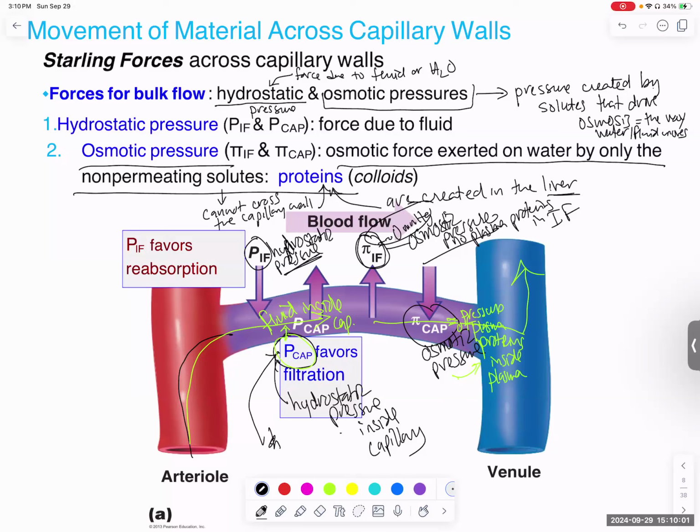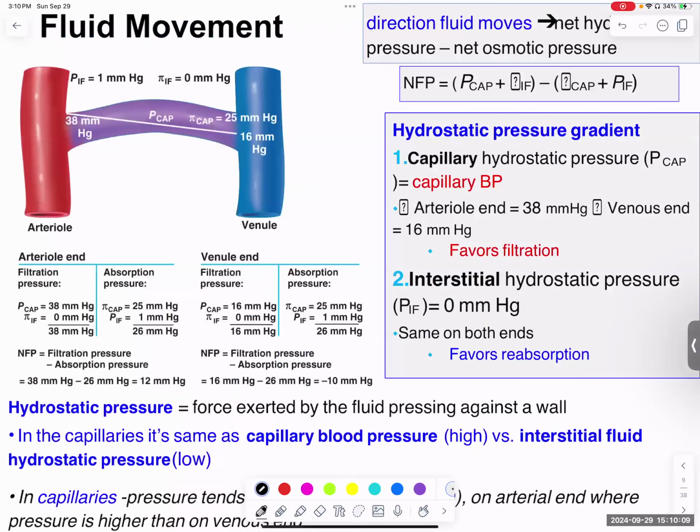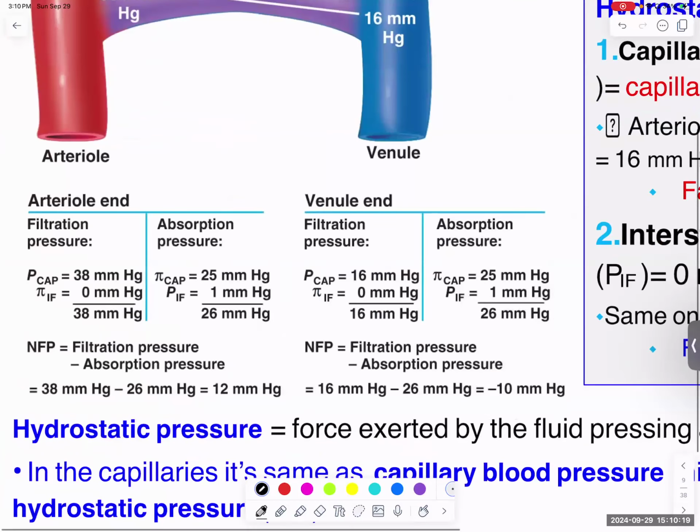But there is hydrostatic pressure in the interstitial environment because there's fluid out here. Why am I telling you all this? Because when you see this, you're going to get nervous, but don't be nervous because it's really the same thing. At the arterial end, this is the fluid pressure exerted by the fluid in the plasma in the capillary. It's 38 millimeters of mercury.